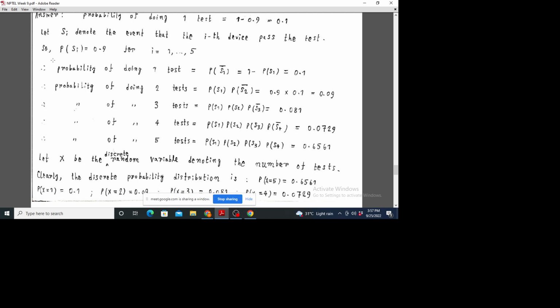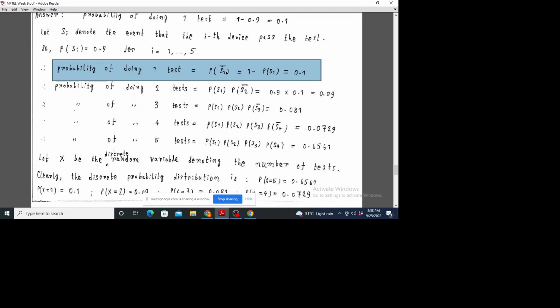Now the probability of doing one test. The probability that the random variable X takes the value 1 is the same as the probability of doing one test. And when do we do only one test? When the result of the first test is itself negative.